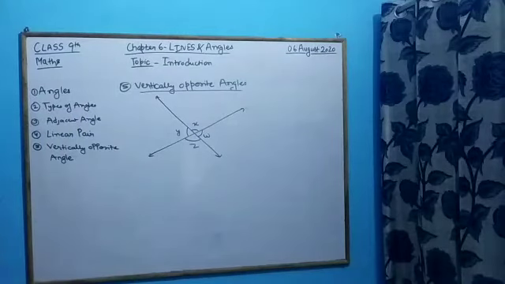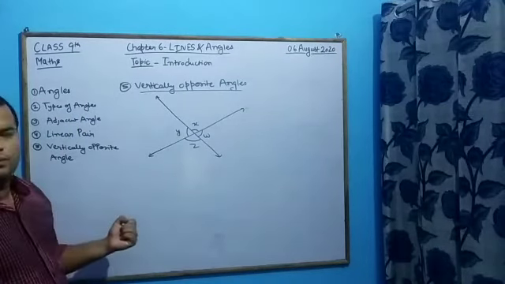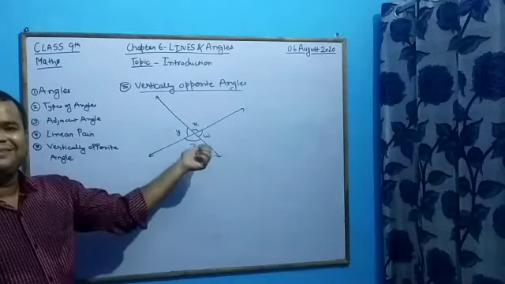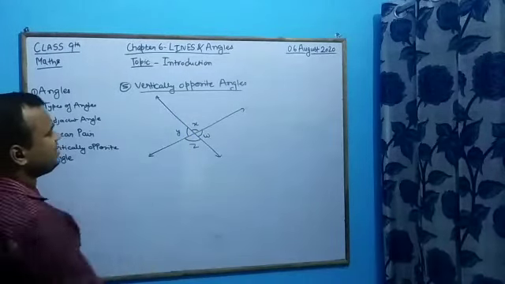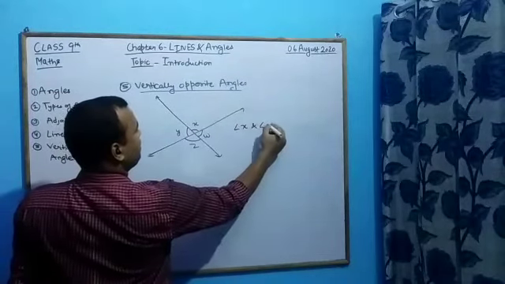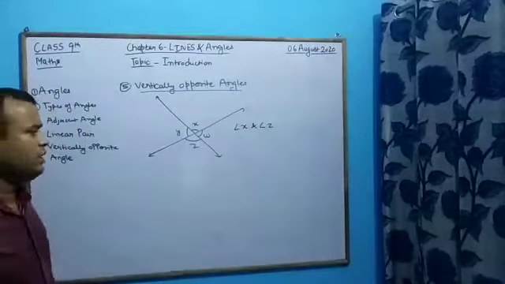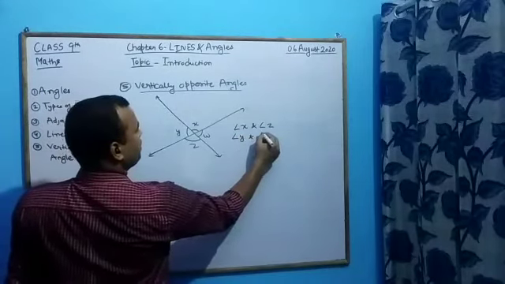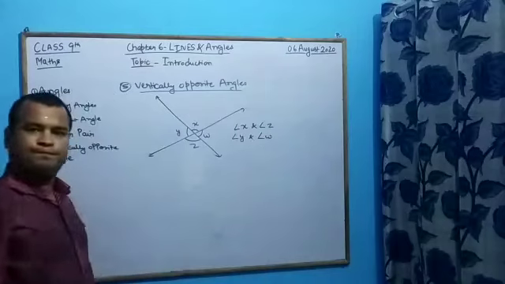Here we get two pairs of angles: angle x and angle z, and another pair, angle y and angle w.